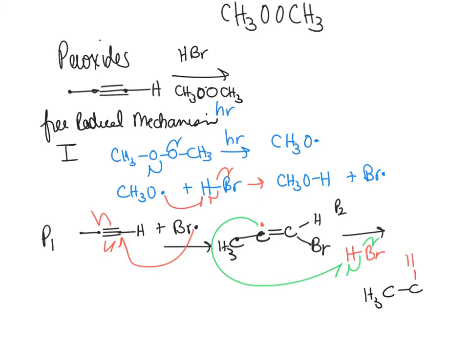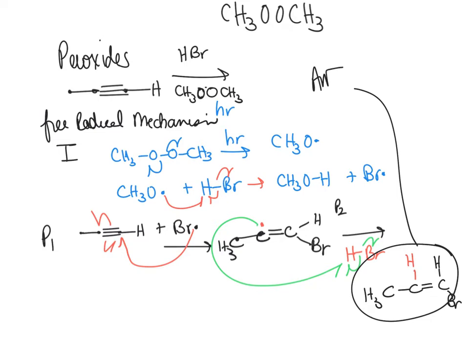That will add a hydrogen there. You will have still a carbon-carbon double bond. And there you go. And so this gives you the anti-Markovnikov vinyl bromide.